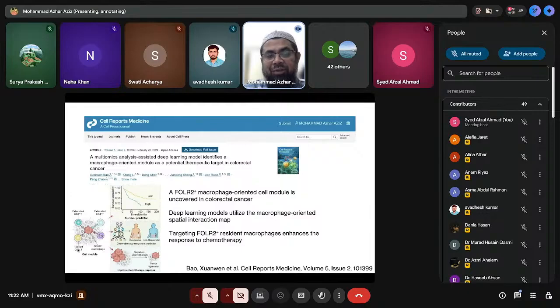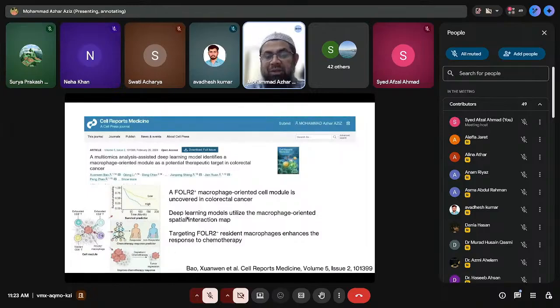If you are not familiar, these are all immune cells: exhausted CD8+ T and CD4+ T cells, then T regulatory cells and tolerant CD8+ T cells, and the FOLR2+ macrophages. So this was the module that they found to be the right target.